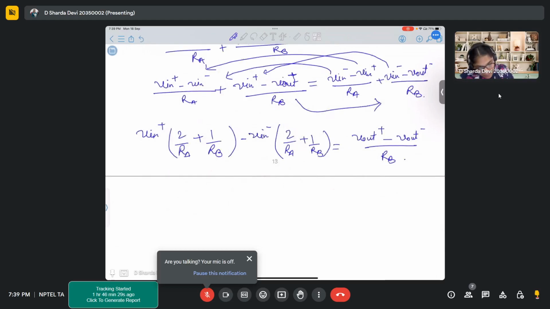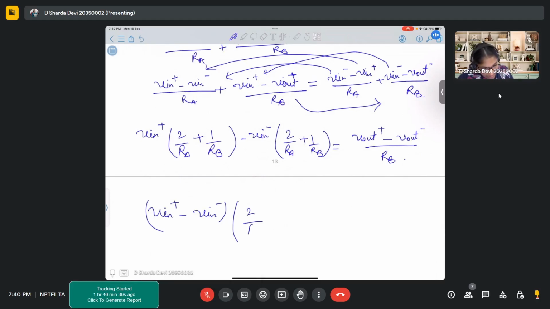So that is (Vn plus minus Vn minus)(2/RA plus 1/RB) is equal to (V out plus minus V out minus)/RB.